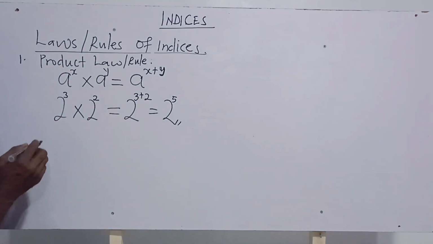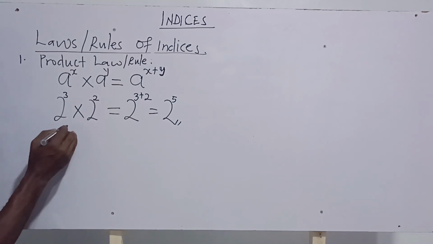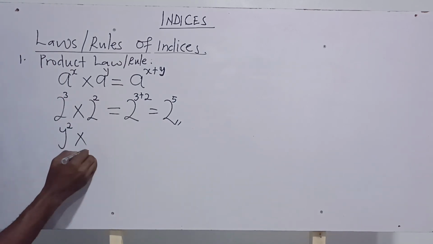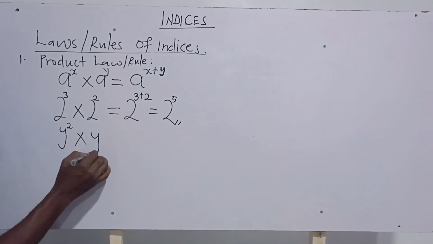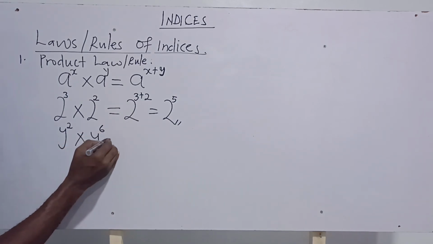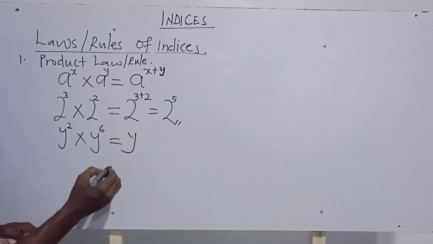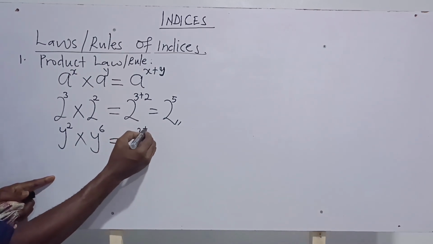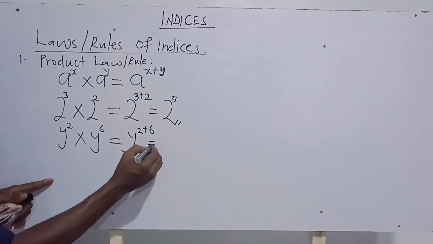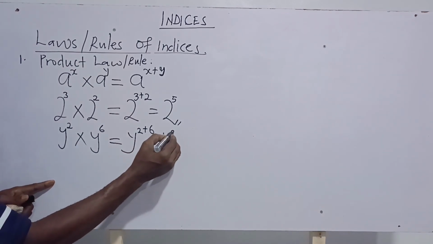Also, if you have y raised to power 2 multiplied by y raised to power 6, this is the same as y raised to power 2 plus 6, which is y raised to power 8.